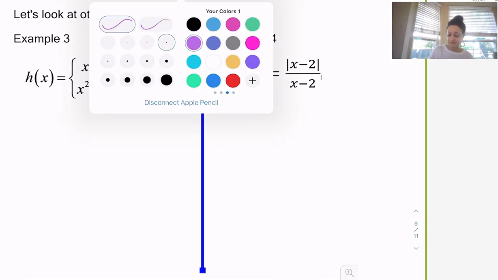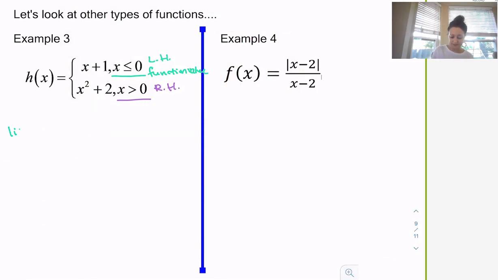So let's find these limits. Let's take the limit as x approaches 0 from the left of h of x. So would I use the top piece, the bottom piece, or both for this? I would use the top piece. So this is going to be, if I plug in 0 for that expression, I would get 0 plus 1, which is 1.